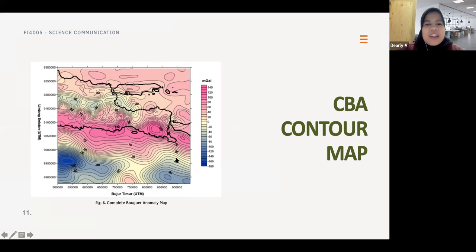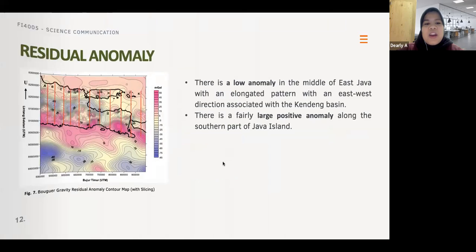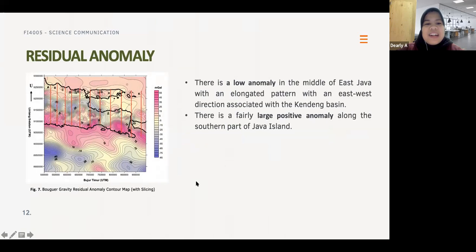Regional anomalies provide a broader description of geological condition in this area, characterized by low frequency anomalies. Therefore, in order to interpret the data, we need the residual anomaly for the next stage, forward modeling.